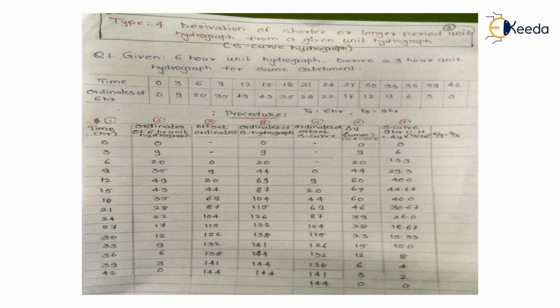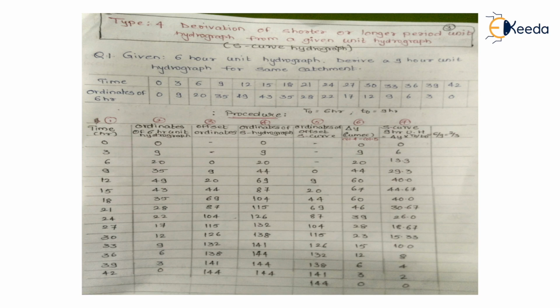So capital T O is 6R and small t O is 9R. The column 6 ordinates multiplied by this ratio give the final ordinates, termed the 9R unit hydrograph ordinates.